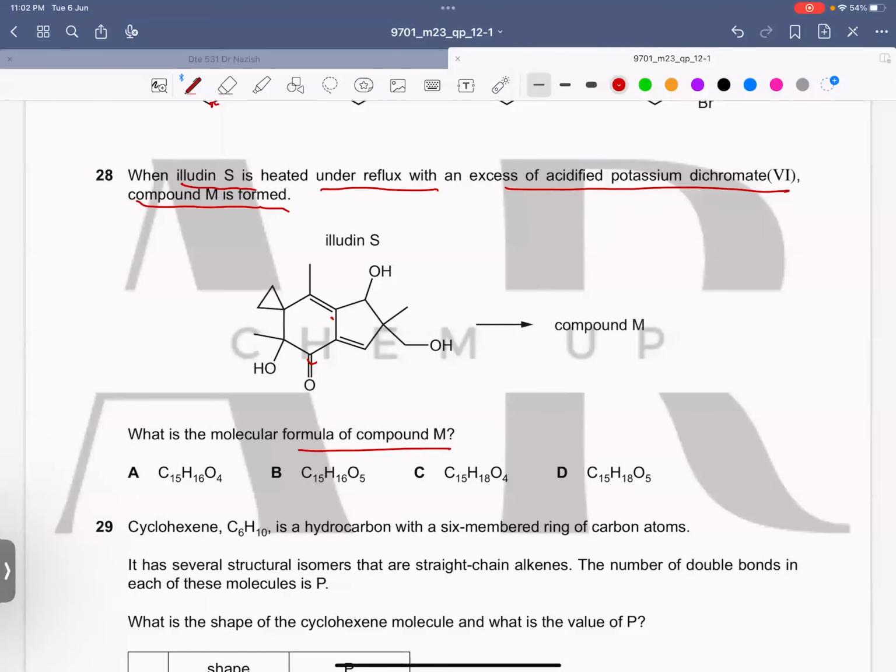When it is oxidized, here we are going to get a ketone, and here we are going to get a carboxylic acid. And this one is a secondary alcohol.